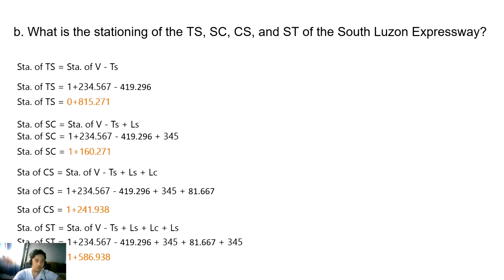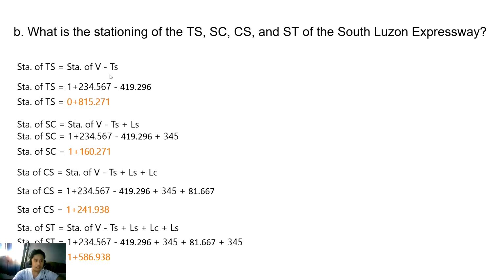Para sa station of TS, we're going to use station of B minus TS. Ang station of B natin ay 1 plus 234.567 minus natin sa TS na 419.296. So, 0 plus 810.271, yun yung station of TS natin. And for the station of SC, ganun ulit.